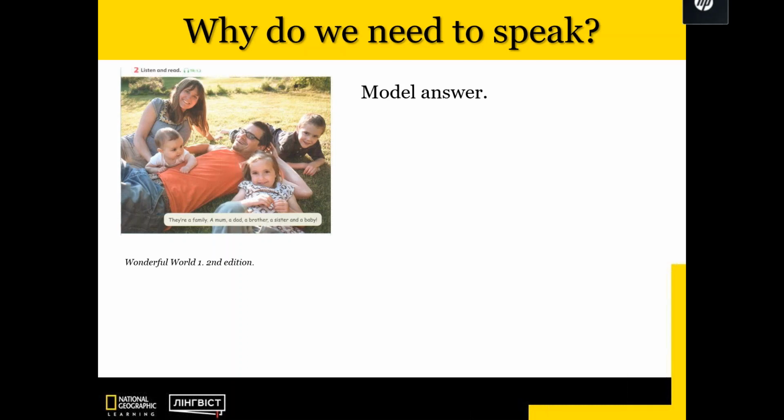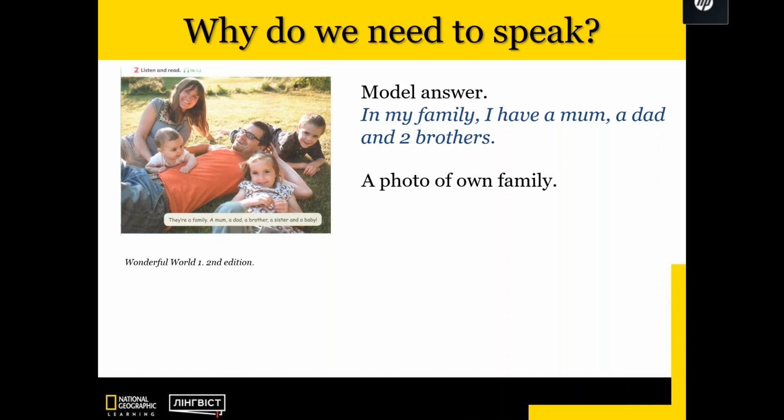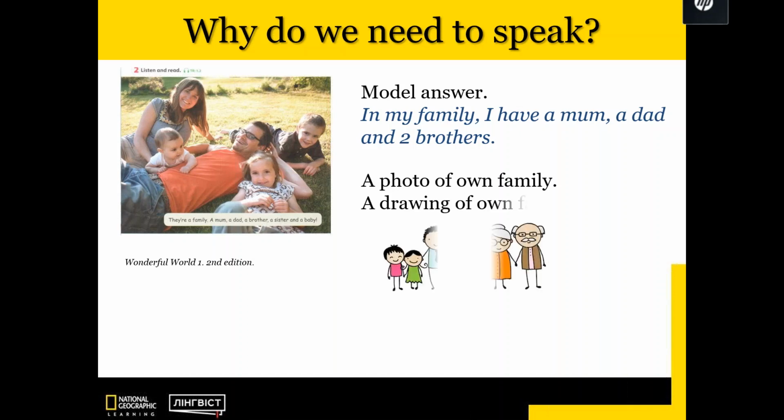You can give your own story about your family, right? Then you can ask them to bring their photos, maybe beforehand, if you know that you're going to have this lesson. Of course, old famous drawings, right, they're always helpful.